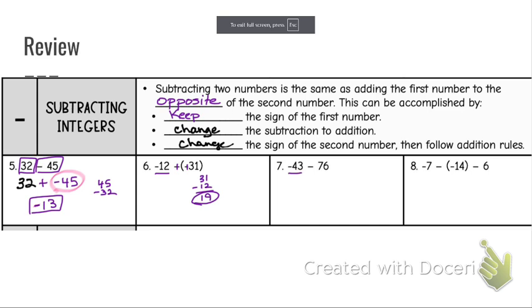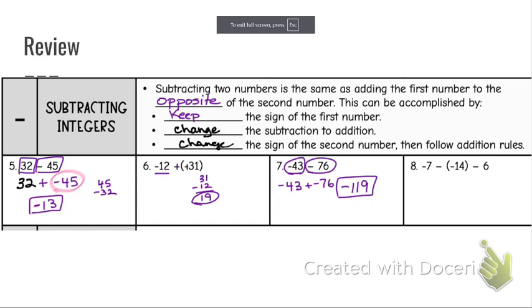Keep, change, change, or simply think negative, negative. Now they both have a negative sign, which is the same as if I did keep, change, change, because I would have had this. So they both have a negative sign, so they have same signs. I'm going to add them together and keep it negative.